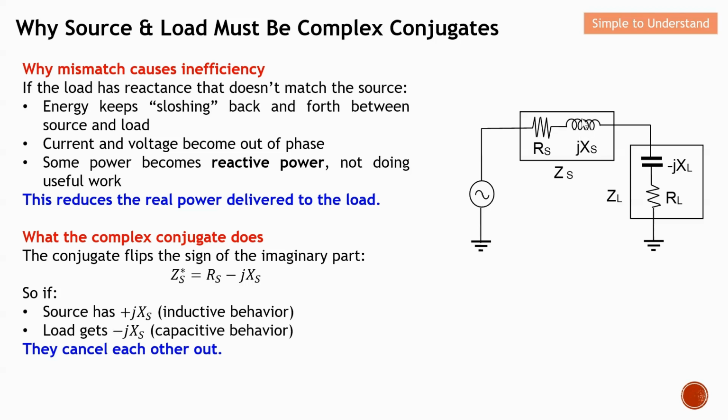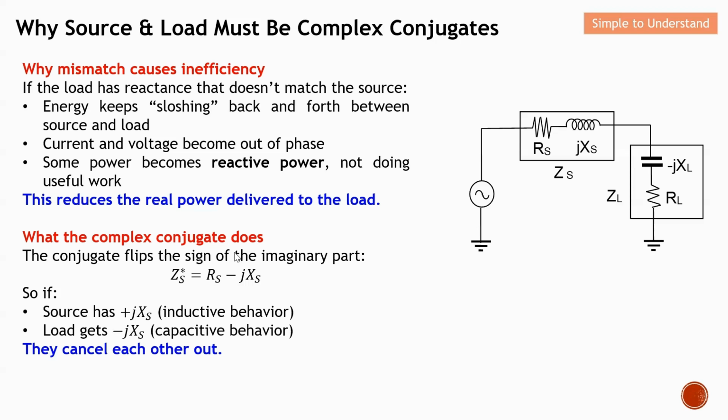With some reactance left over, the energy keeps sloshing back and forth between the source and the load. With this, the current and voltage become out of phase. This is undesired. When they are out of phase, it simply means that some power will become reactive power. When we have this reactive power, we cannot have all the power delivered to the load. Hence, this is undesired.